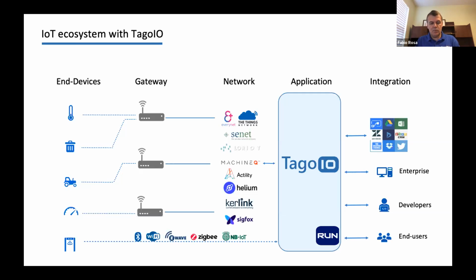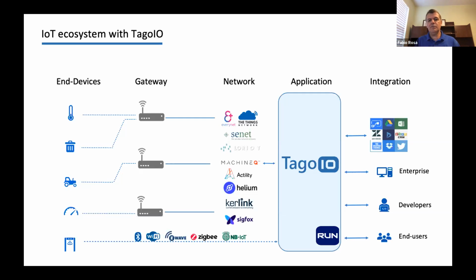So we have networks already integrated with Tago that make your life very easy to get the data from a sensor connected to a certain type of network or a mix of networks. For example, you may have a sensor connecting through a 3G network or Wi-Fi and LoRa or Sigfox, and you need not only one kind of data or network, but you need to combine them. So you can do this with Tago.